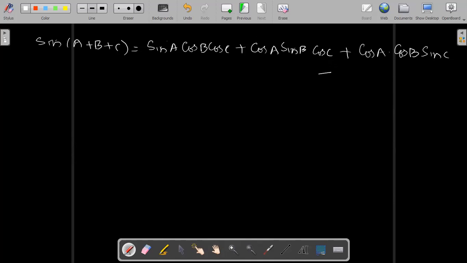Then the last term is in negative: sin A sin B sin C. So all other combinations are plus, only sin sin sin is negative.